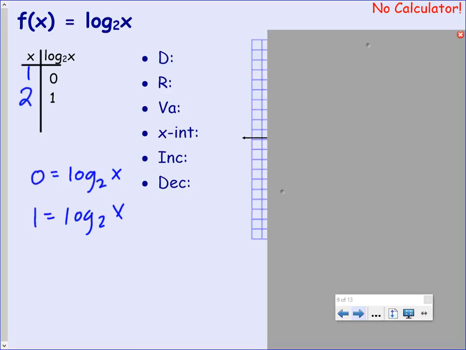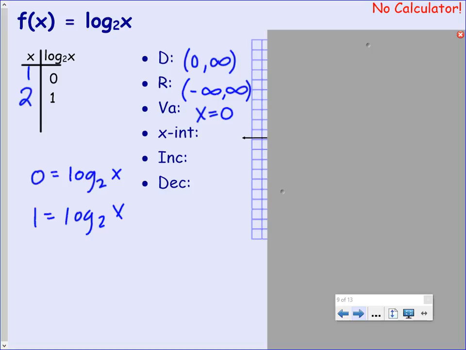I can then do domain, range, vertical asymptote, all of those things. Because there's no shifting in this graph, this is a basic logarithm graph, my domain is going to be from 0 to infinity. My range is going to be from negative infinity to positive infinity. My vertical asymptote is going to be x equals 0, so that would be helpful for me to draw on my graph.